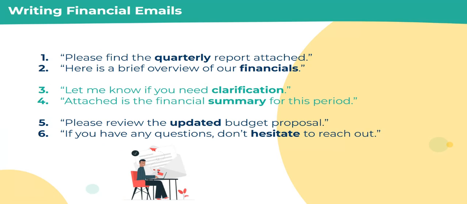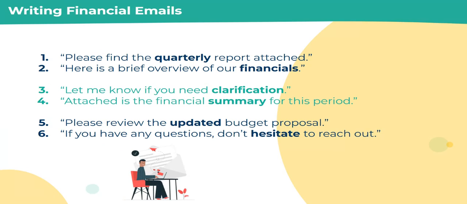Okay, and we've got some useful phrases we could use when writing financial emails. So let's have a listen to these phrases as I read them out too. Number 1, please find the quarterly reports attached. Number 2, here is the brief overview of our financials.